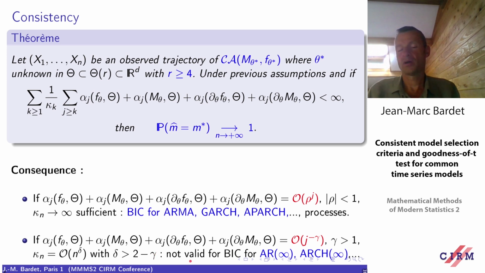So for some families of processes, for instance AR infinite or ARCH infinite, the BIC criterion is not sufficient for obtaining our consistency. I just would like to say that this is a sufficient condition, not a necessary one. So perhaps BIC could be consistent, but not using our conditions.